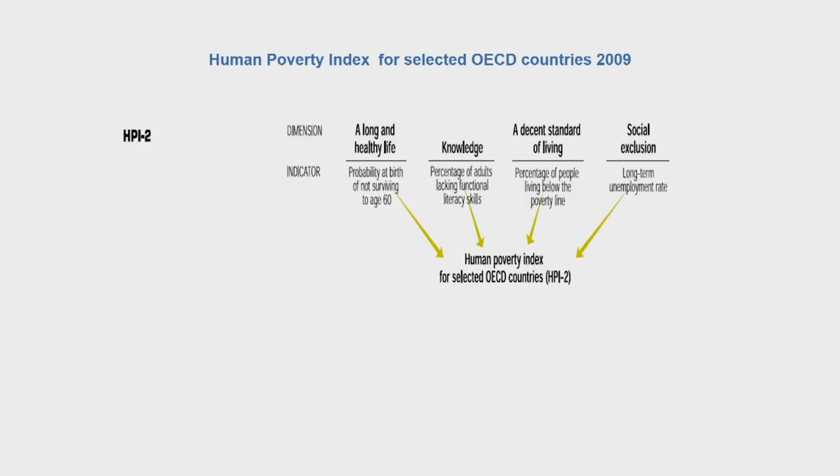Similarly, HPI 2 is constructed for the developed countries, and for select OECD countries. This is taken from the 2009 report. There is an addition of a dimension as far as the HPI 2 is concerned. Along with long and healthy life, knowledge and a decent standard of living, social exclusion has been added to the HPI 2 calculation.